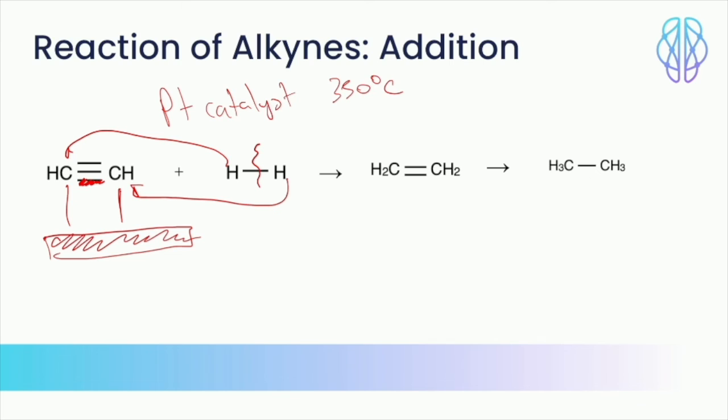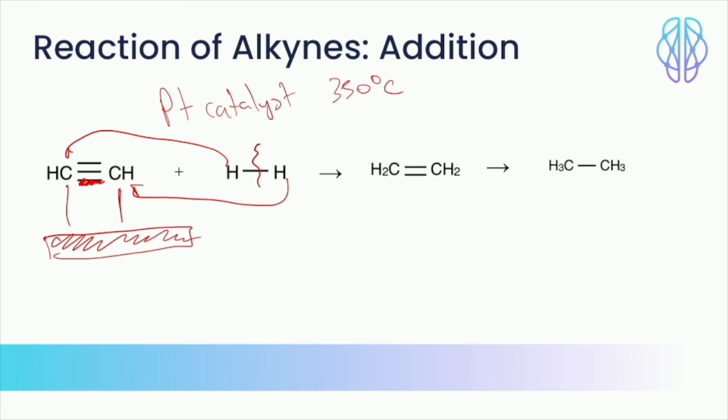Feel free to flick back to the previous slide when I go through alkene hydrogenation reactions to understand the full mechanism. But the only difference is, in the alkene hydrogenation reaction, you had a double bond become a single bond when the alkene directly bonded with the catalyst. In this case, you have a triple bond becoming a double bond when the alkyne reacts with the catalyst.